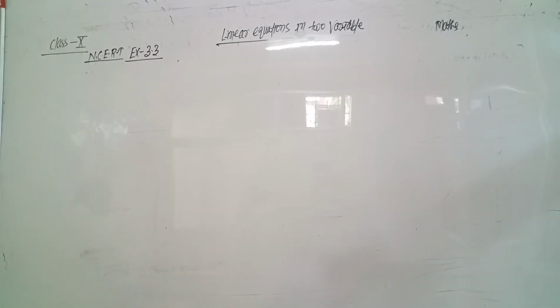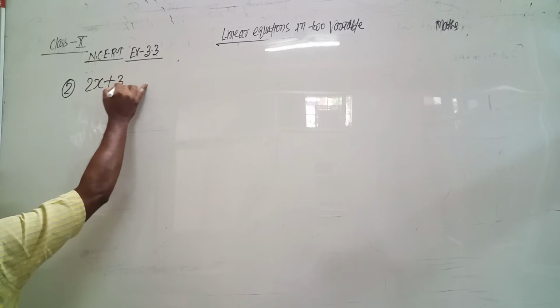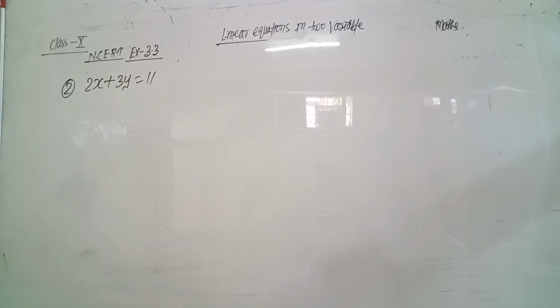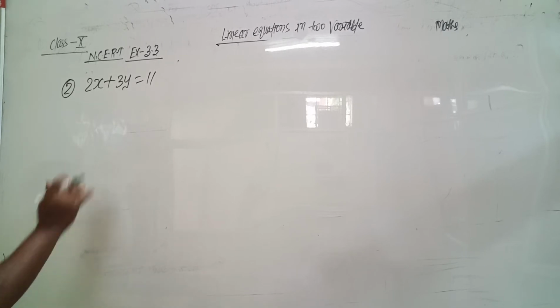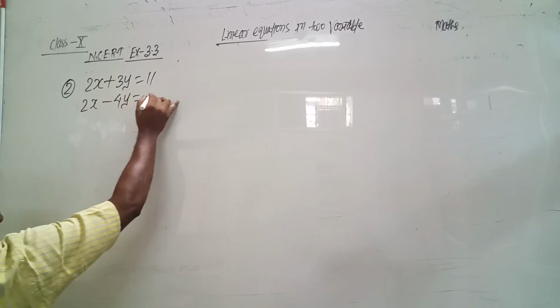Question number second, solve 2x plus 3y equals 11. Two equations are given: 2x plus 3y equals 11, and the other equation is 2x minus 4y equals minus 24.